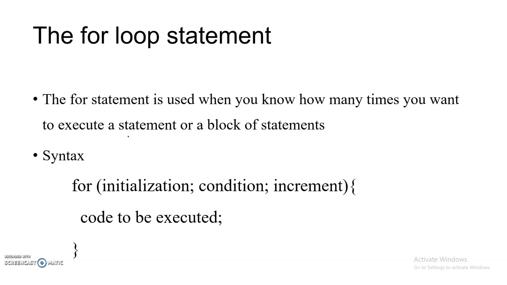There are three main parameters: initialization, test condition, and increment or decrement, and the code to be executed. This is the general syntax of the for statement: for initialization, then condition statement, increment or decrement, then the loop statement or the code to be executed while this condition is true.